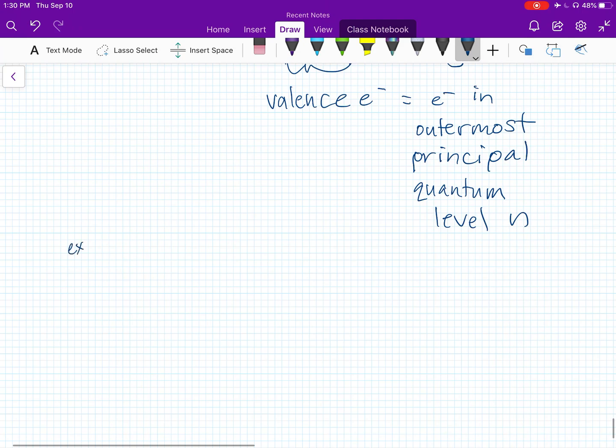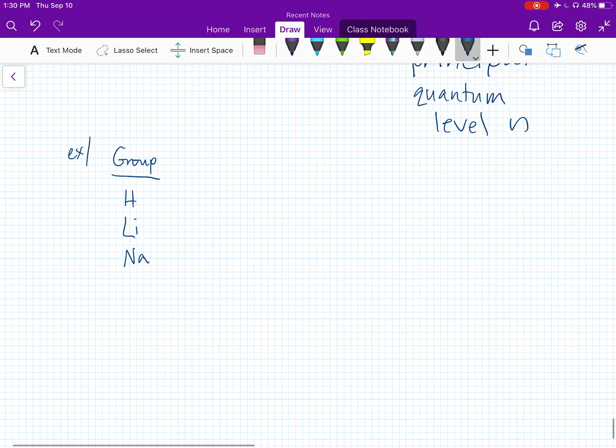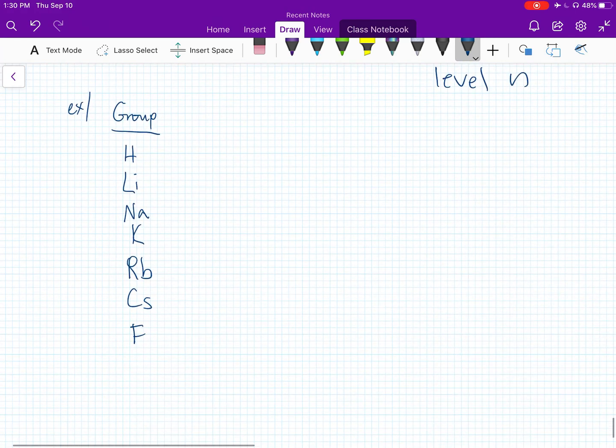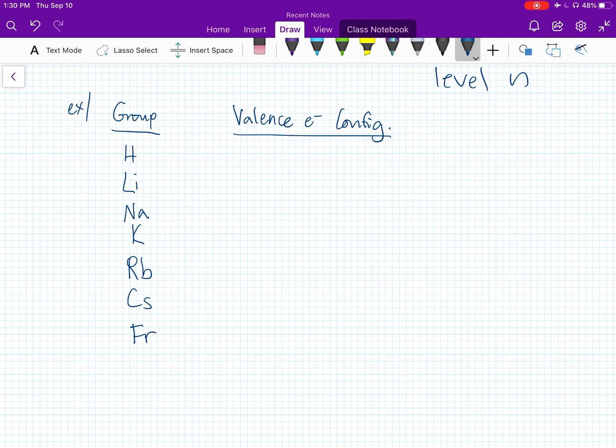That group of elements that shares the same column, starting with hydrogen, going to lithium, sodium, potassium, rubidium, cesium, and francium, if we look at their valence electron configuration, you can see that the valence electron configuration is analogous going down the column. So here by valence, I just mean outermost electrons.